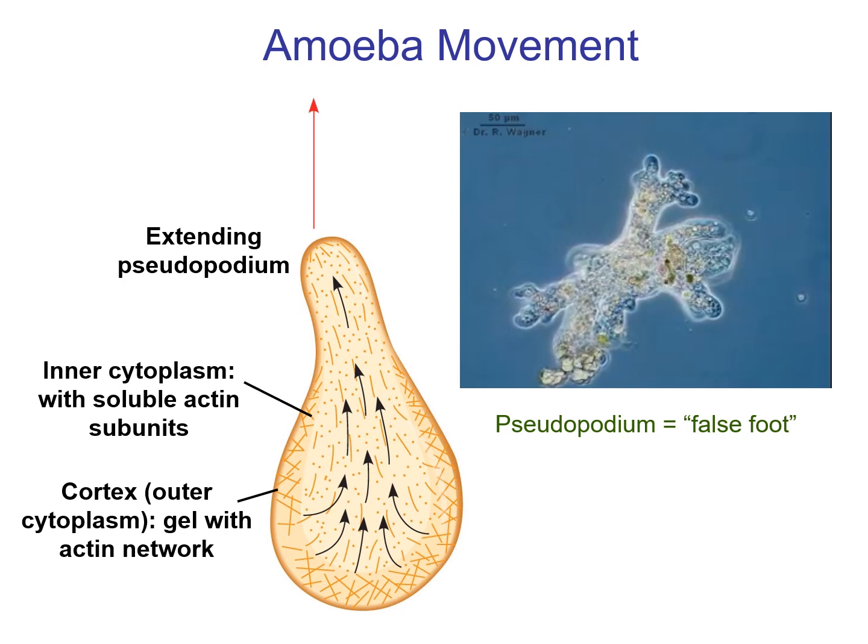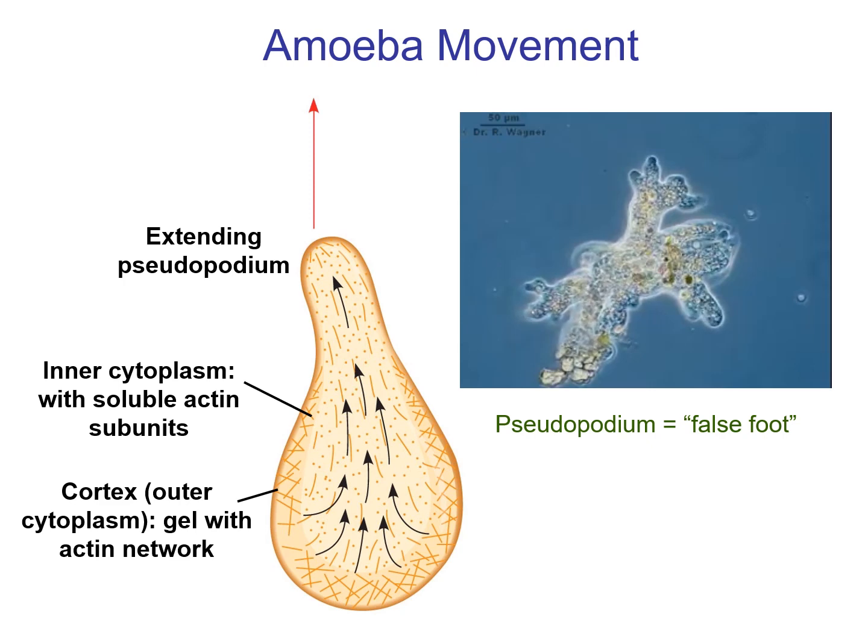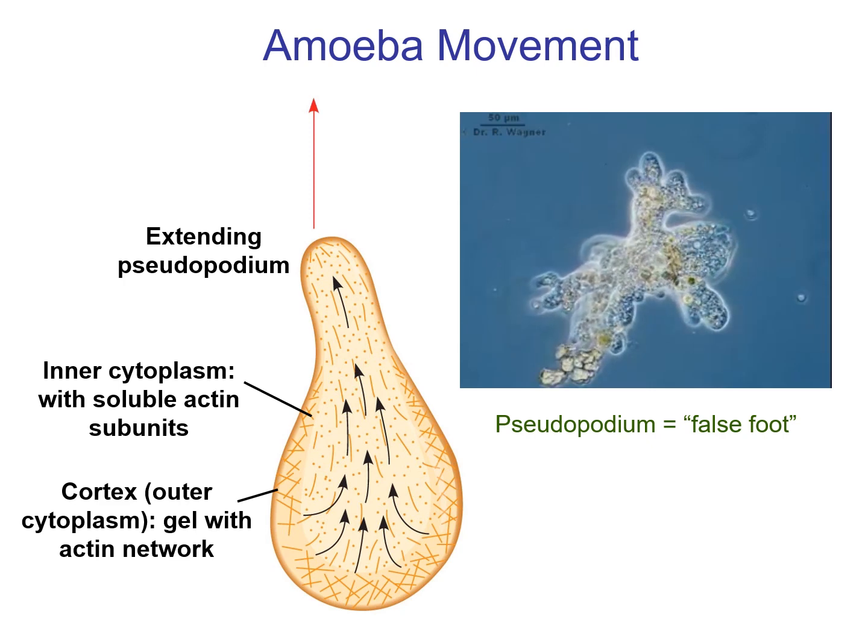What's happening is we have the cytoskeleton being broken down at the front of the cell, and that makes the cytosol very, very fluid. At the same time, we have a gel-like meshwork being built out of microtubules at the back to make it more gel-like back there. And we also have filaments that are sliding past each other to make this movement possible.